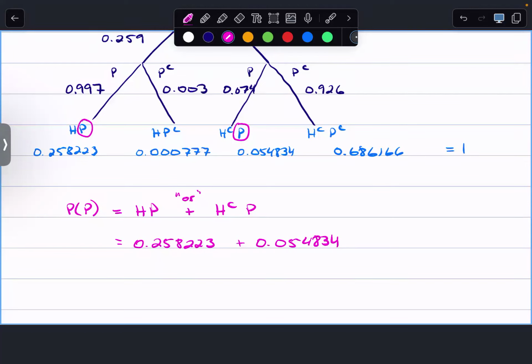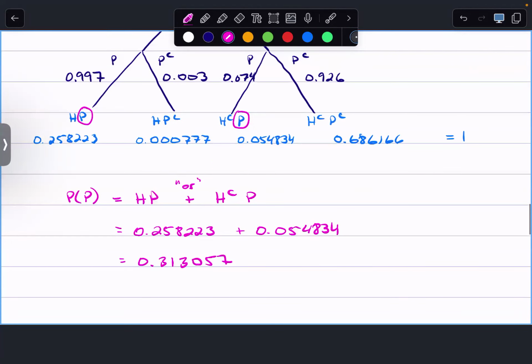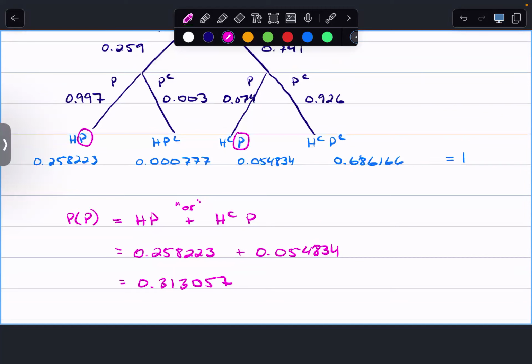What is that? Now I can't really be trusted, well, ever, but definitely not right now, so if someone could confirm it, that would be great. 0.313057. You'll just take my word for it. Okay, so that's the probability of testing positive, regardless of what your status is.